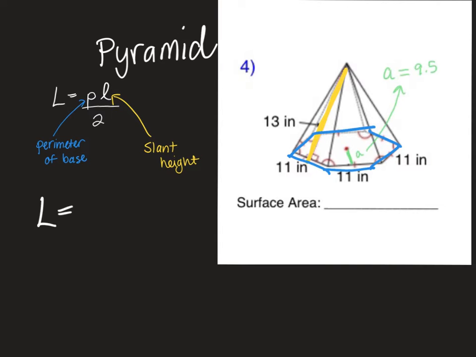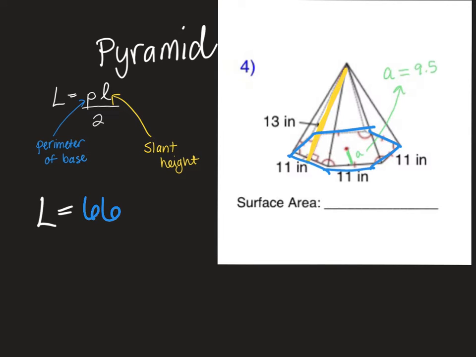So, it has how many sides? 6. All right, 1, 2, 3, 4, 5, 6. And they're all 11. What is our perimeter? 66. Well, you can do 11 times 6 because there's 6 sides and they're all the same.